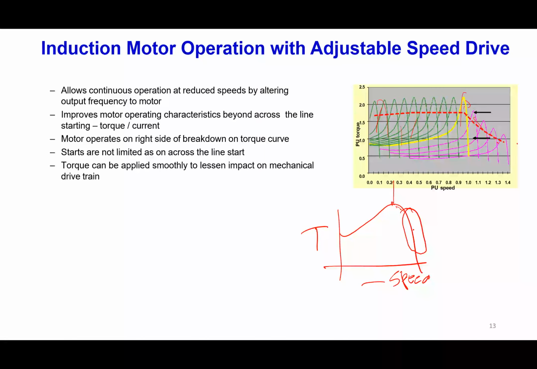In the earlier days, before power electronics, it was direct online starting of the motor. This means voltage was applied directly, 480 volts, 3-phase, 60 hertz. Then the starting current was very high because there is no back EMF at zero speed, so the back EMF has to build up.